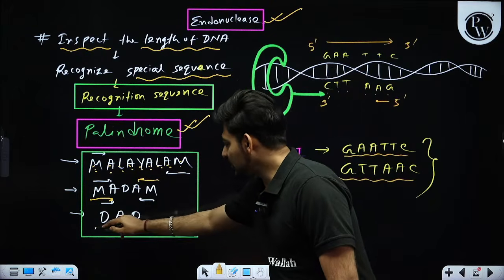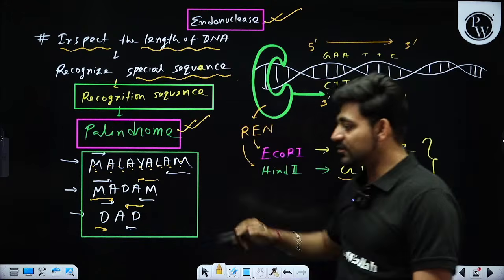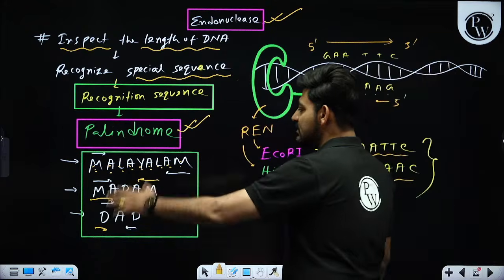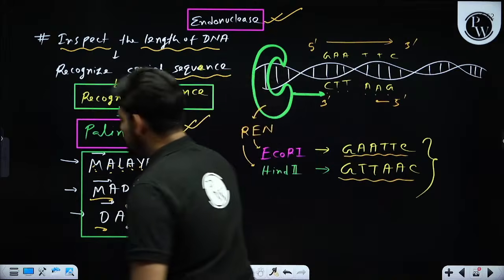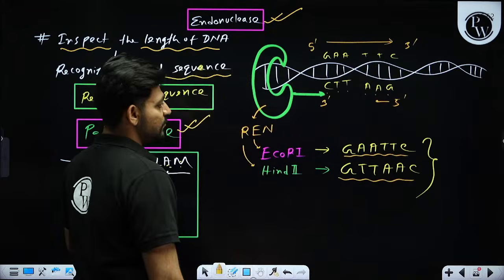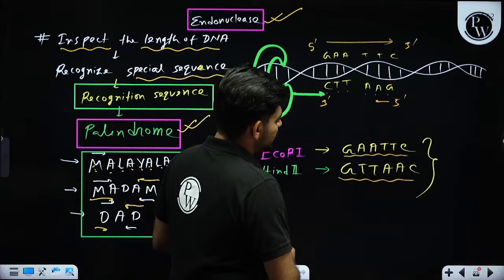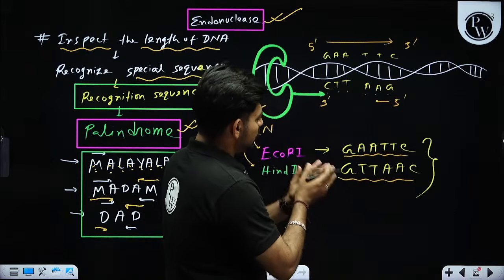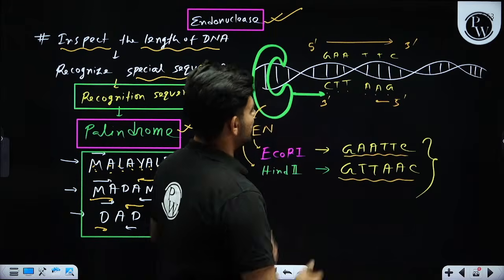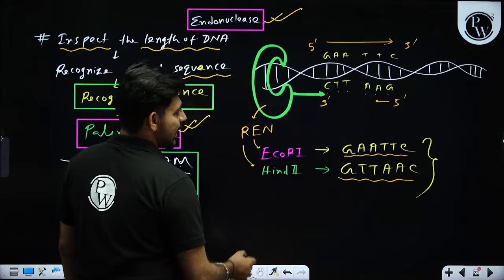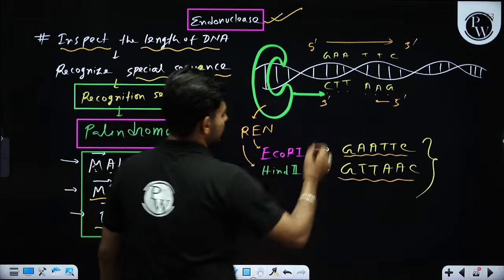Dad, forward direction also dad, backward direction also dad. So these kinds of words are called palindrome or palindromic sequence. Similar kind of thing in case of genetic sequencing: if you look inside the DNA, those sequences are called palindromic sequences.